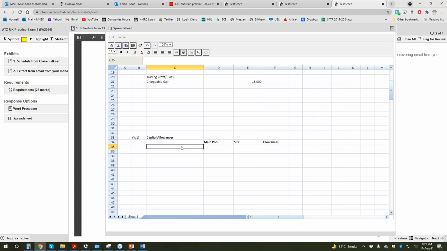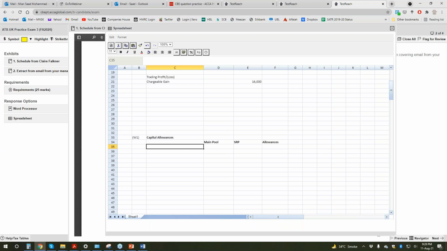For example, if you know the answer but you do not have the time to present it in a well-mannered way, I will rather sacrifice 2 marks of the layout and try to answer the question and take the marks of the adjustments. So you have to trade this off. If you do not have sufficient knowledge and you want to take the marks of the layout completely, then you should focus on that.